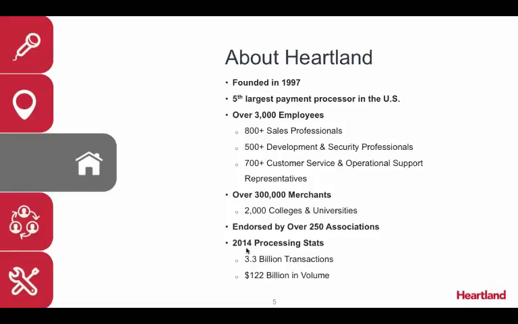We have over 3,000 employees and over 300,000 merchants, 2,000 of which are colleges and universities. In 2014, we processed more than 3.3 billion transactions, which equaled about $122 billion in volume.